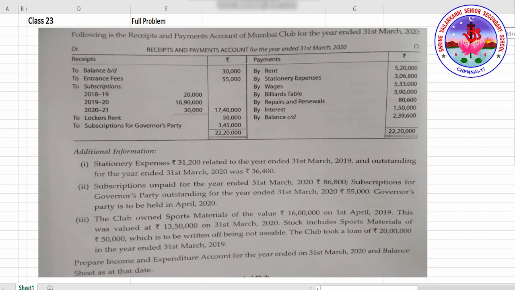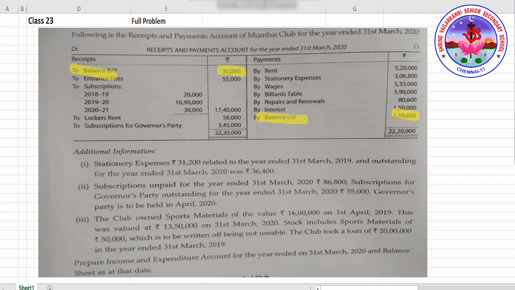Now I want you to observe this carefully. You can see here the balance carried down is 2,39,600 and the balance brought down is 30,000 given. This is as on 31st March 2020. So we need to prepare a balance sheet for 1st April 2019 in order to understand what the capital fund is.